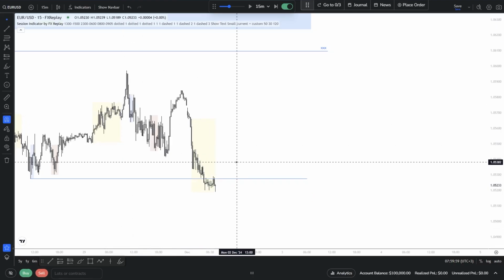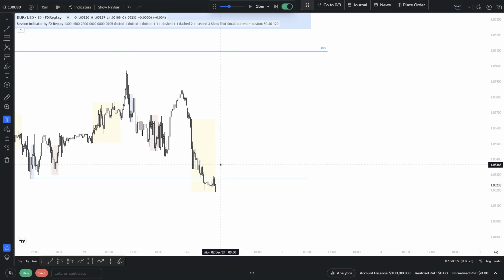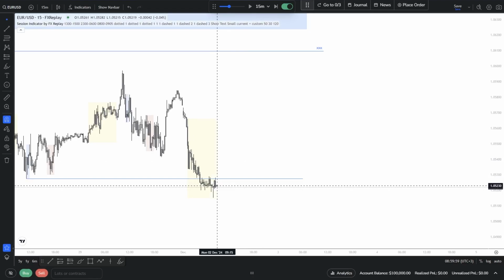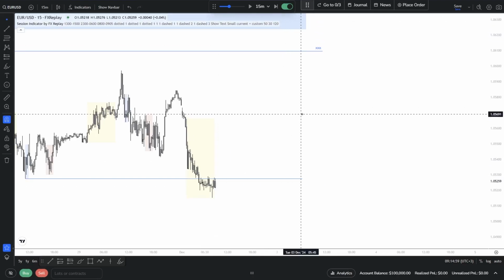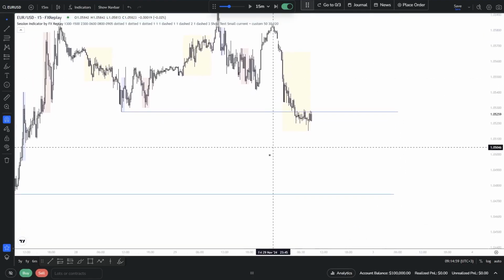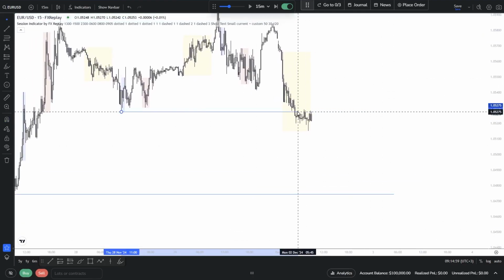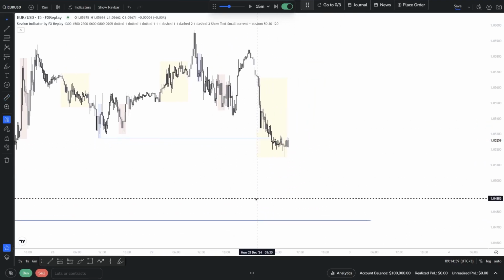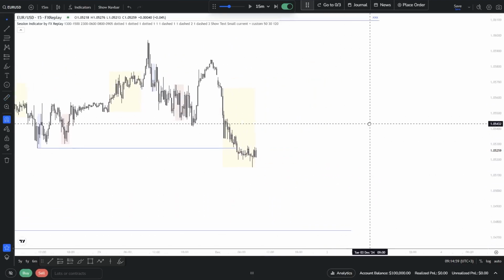There we go, the Asia session is ended. Cool, so we took out this level of liquidity, right? Getting sort of a reaction. Okay, that's pretty much it for this day.